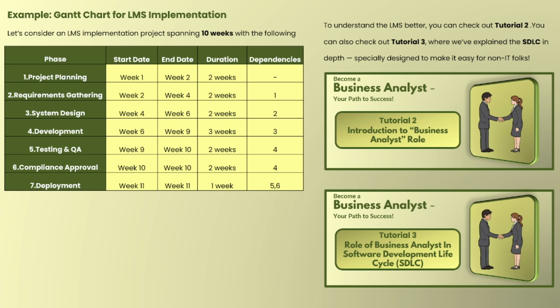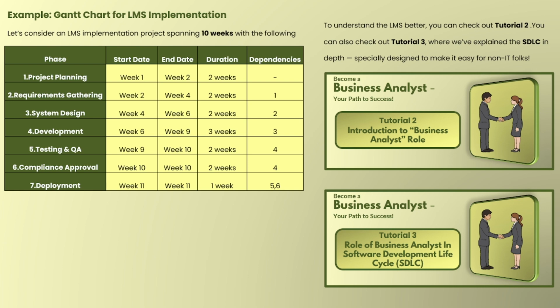Then compliance approval, phase number 6. The compliance team checks whether the system follows all necessary rules, regulations and data standards. Only when testing has passed does the compliance team come into the picture, so it is dependent on testing. Then the deployment phase: whatever we have created, we now push into the production, the live environment.